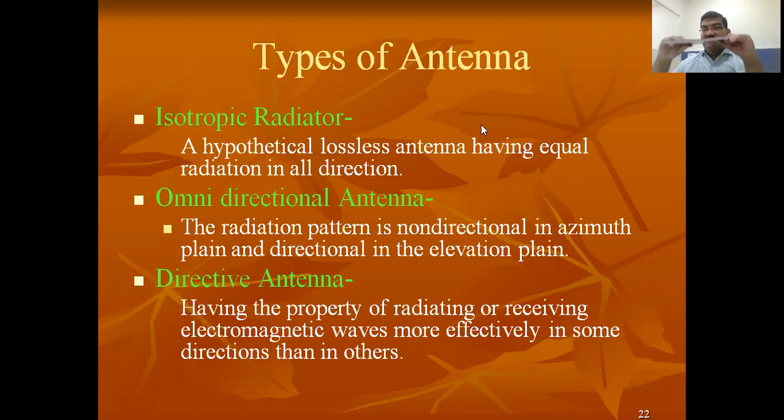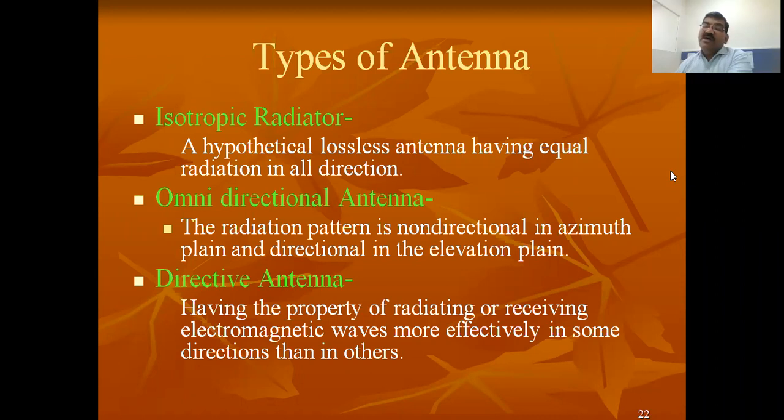XY plane. This is azimuth. And if I put it this way, this is elevation. Elevation is simply like an elevator, going vertically upward and down. So this is the elevation plane. This azimuth is horizontal. So horizontal and vertical.